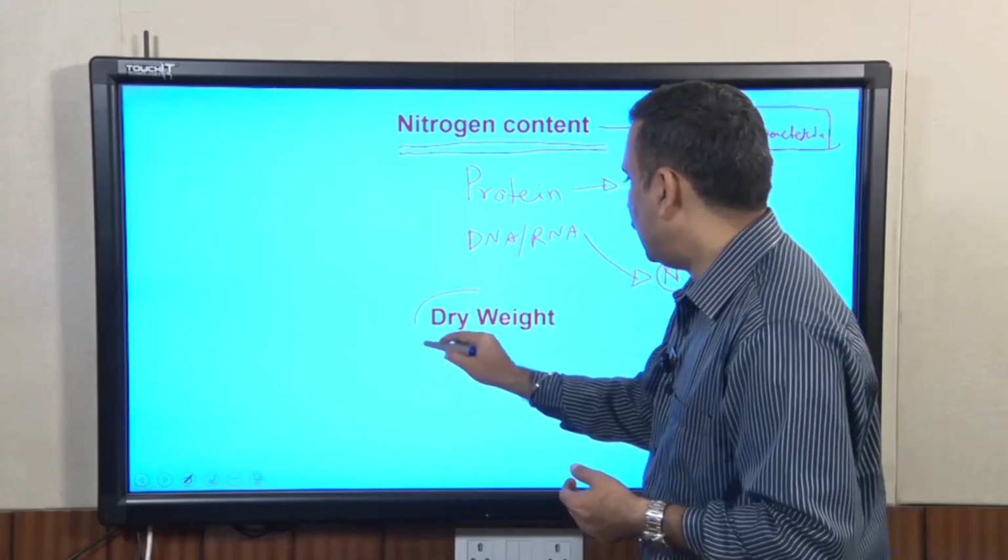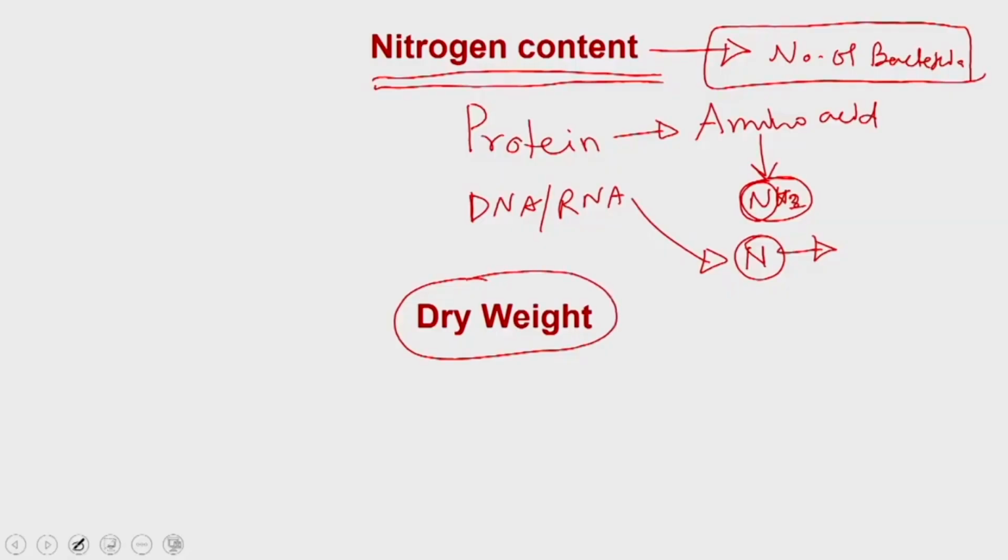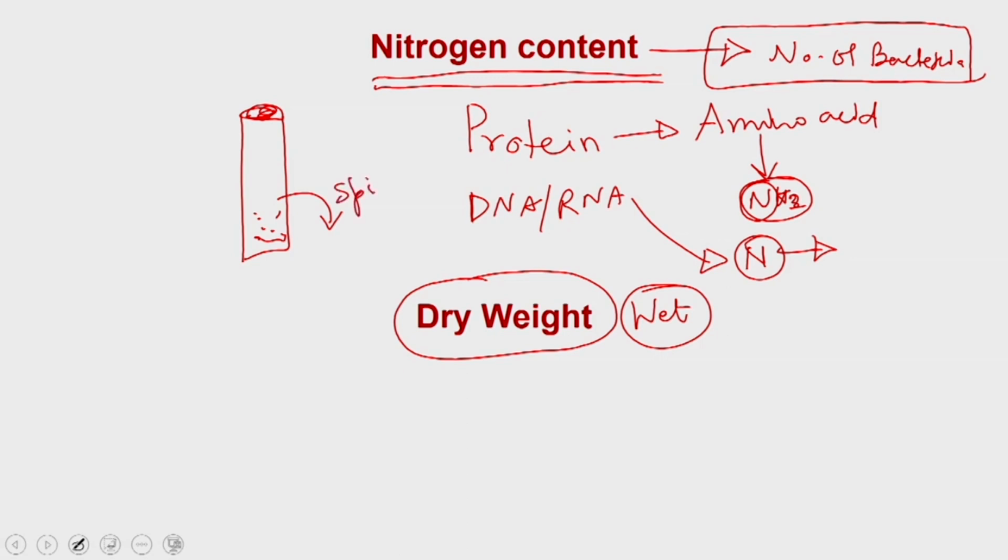Similarly, you can also do the dry weight or the wet weight. What is the difference between the wet weight and the dry weight? Suppose you are culturing the bacteria in a vial. You spin these bacteria, and that gives you a pellet of bacteria.